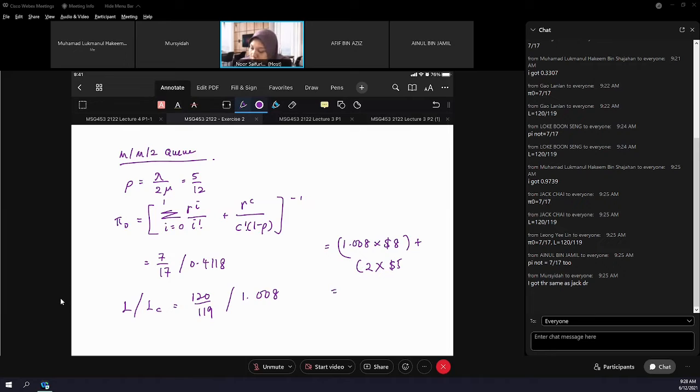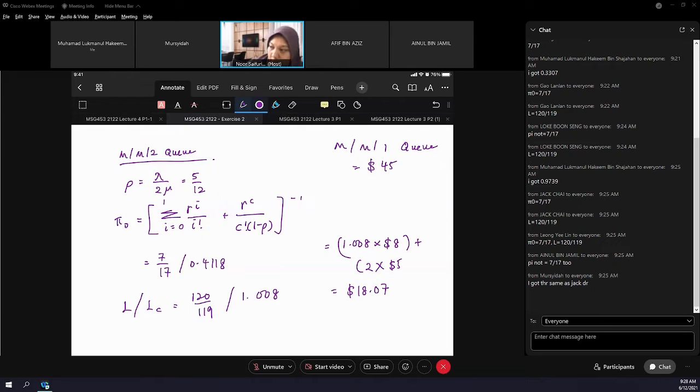So you should get 18.07, compared to your M/M/1 previously, where the cost is $45.